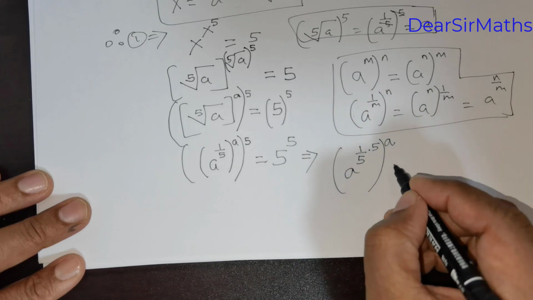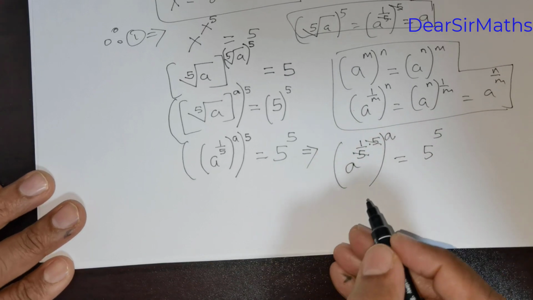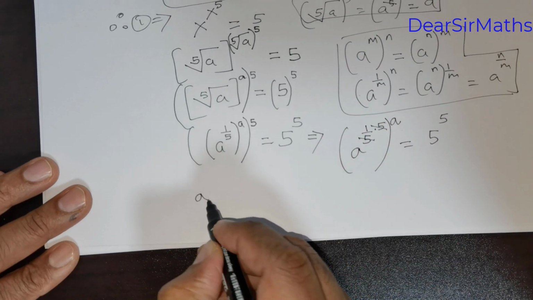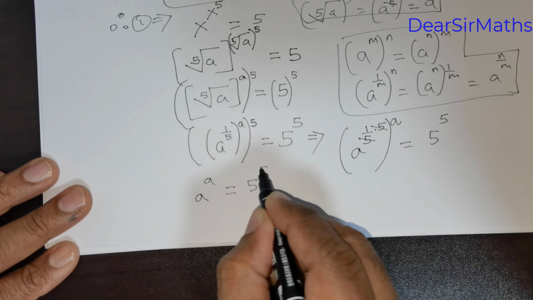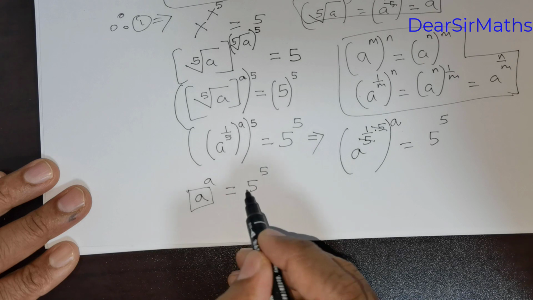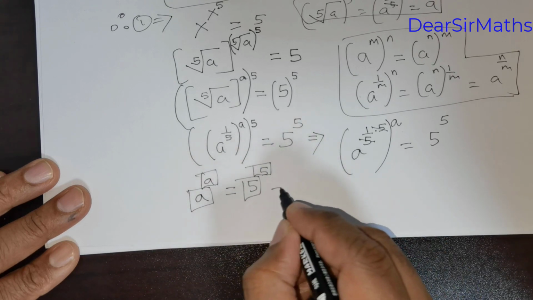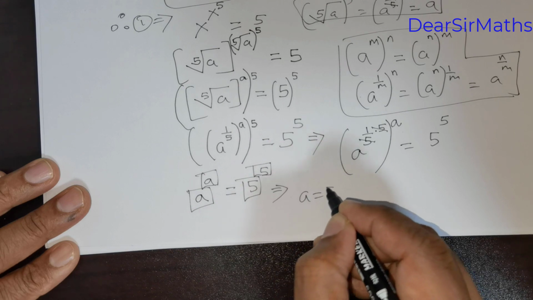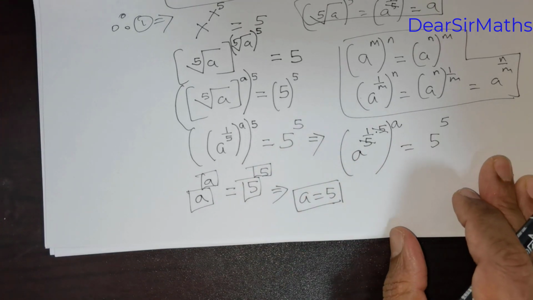Alright, so this is equal to 5 raised to the power of 5. Now clearly 5 and 5 can be cancelled, and I would have a raised to the power of a is equal to 5 raised to the power of 5. Now clearly the bases can be equated, the indices can be equated, giving me the value of a to be equal to 5. But this is not the final solution.